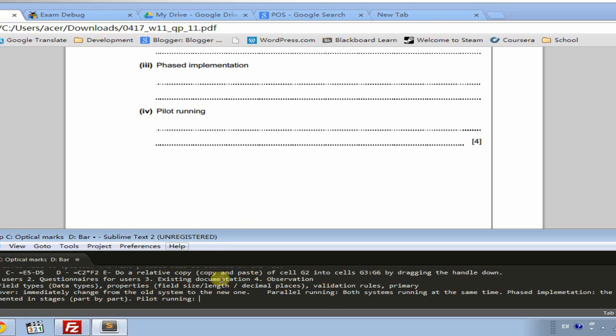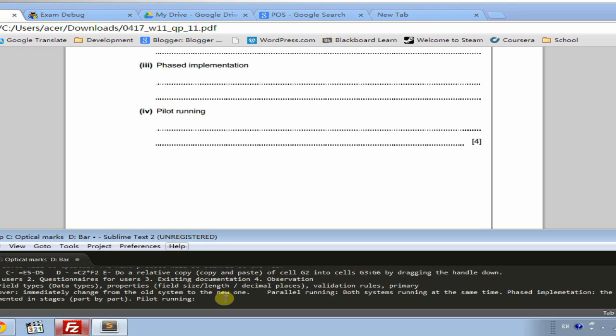So this is different from phased implementation. Phased implementation, we're putting parts of the system out at a time. In pilot running, we're running the whole system, but only in different parts of the company.